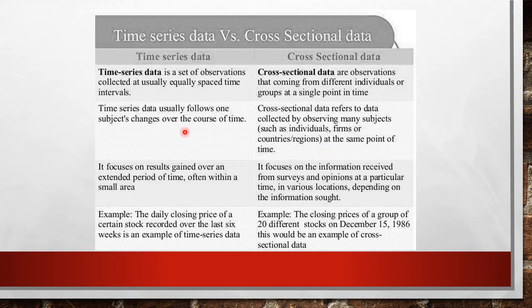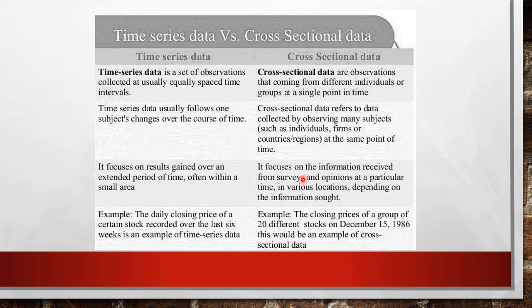If I explain it in detail, if we consider one variable in a time series, we collect only one thing. But in cross-sectional data, we can have many points to study. In a time series variable, there is one object that changes through time, but in cross-sectional data we take many objects at a point. A time series focuses on results gained over an extended period of time, often within a small area.